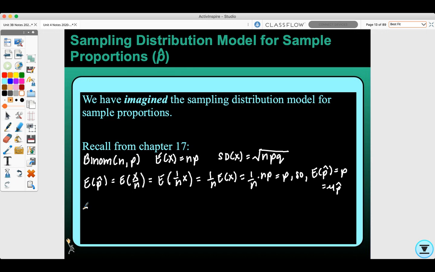And then my standard deviation of p-hat would be my standard deviation of x over n, which then you can factor out the 1 over n. And we know that the standard deviation of x is the square root of n times p times q.